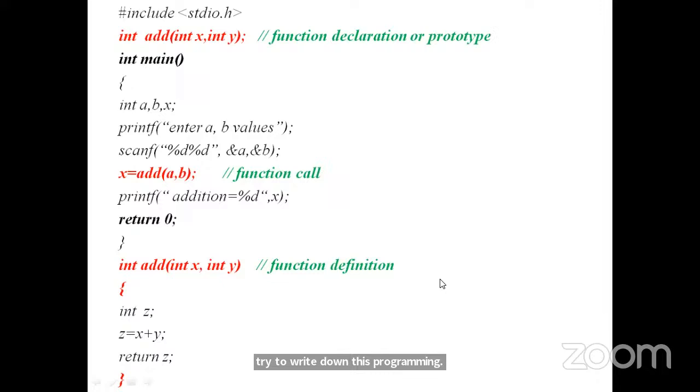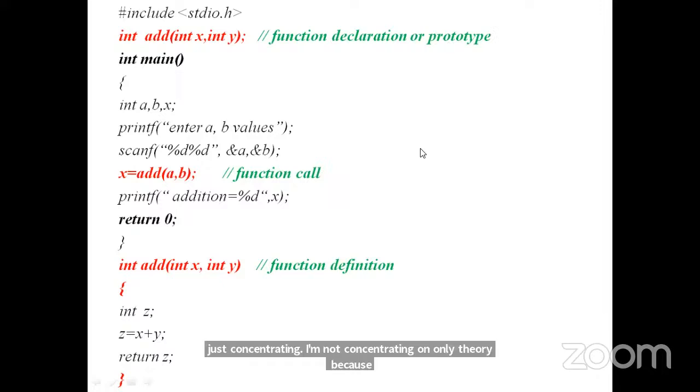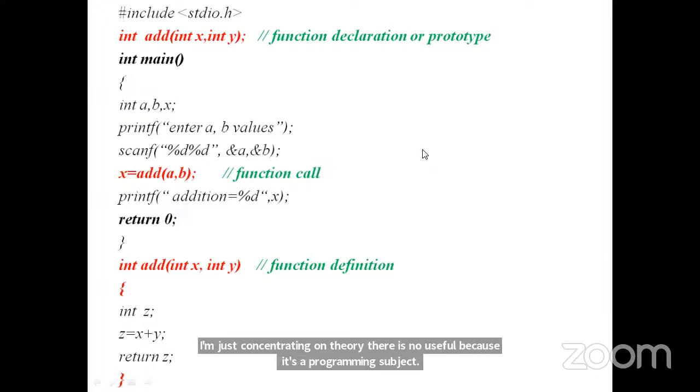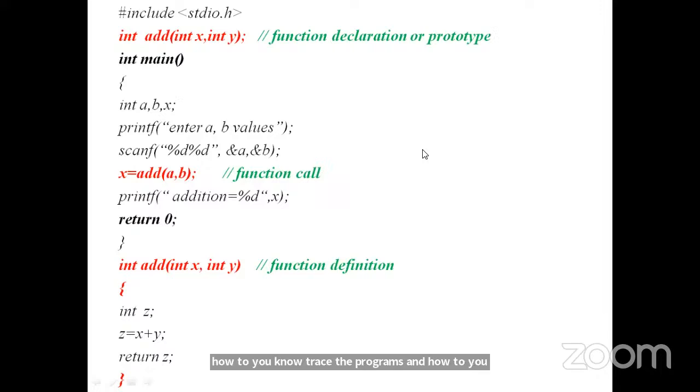Learn the concept and a small example on that. That's why in every class I am not concentrating only on theory, because if I concentrate only on theory, there is no use, because it's a programming subject. How to trace the programs is what matters.